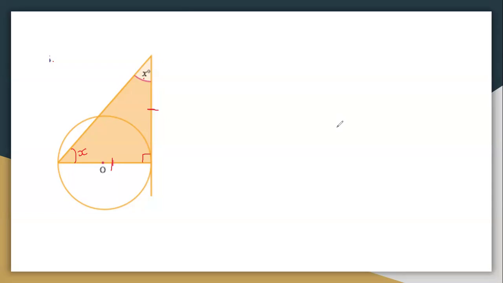Okay. After identifying that the sides are equal, then we know that the sum of the interior angles of a triangle equals 180. So it will be 2x plus 90 degrees equals 180.